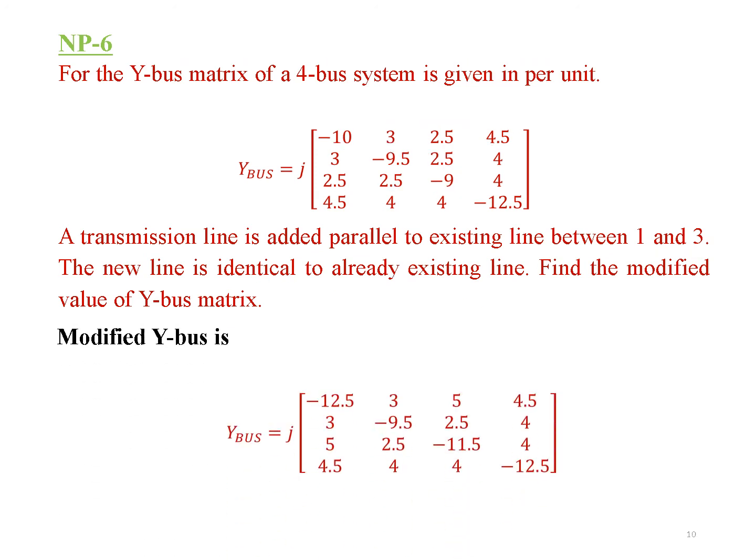Only these terms are modified, this one and this one and this value Y13. So in this way you can easily identify the changes if a new line is connected parallel with the existing line between two different buses.